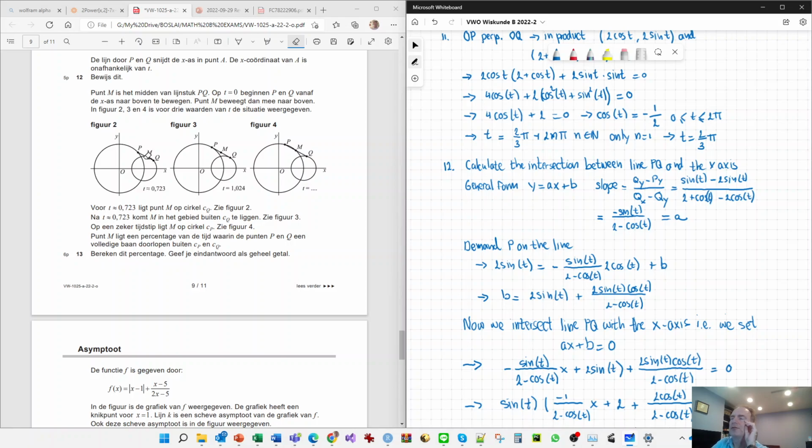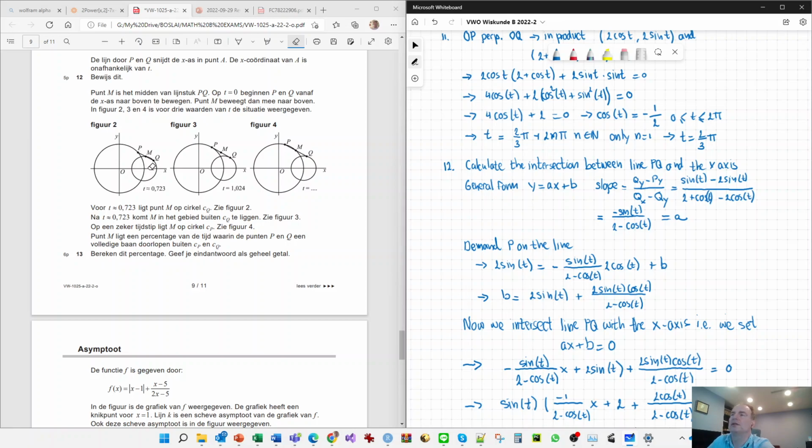And of course M moves up with them, and they give the situation for three time values. And then for point 7, it will be just going outside the circle.